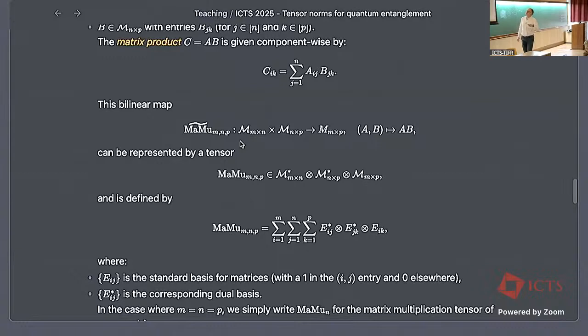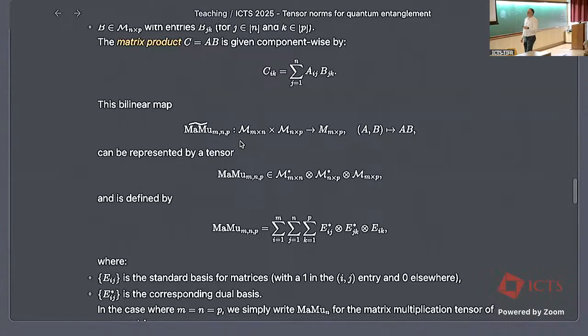What I claim is that this formula is the matrix multiplication. What do I mean? I mean that this formula is the same as this formula. You see, I'm computing the (i,k) coordinate of C as a sum over j. This is a linear form on matrices. This map here, e_ij dual, takes a matrix A and gives you A_ij, right? It's the linear form on matrices.